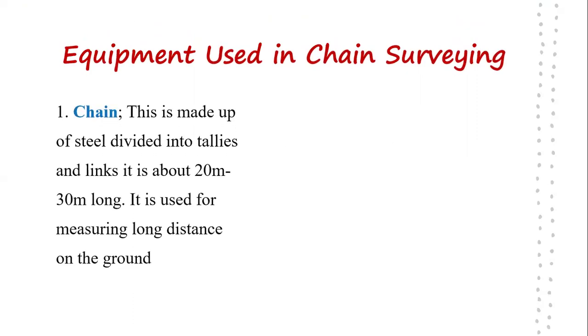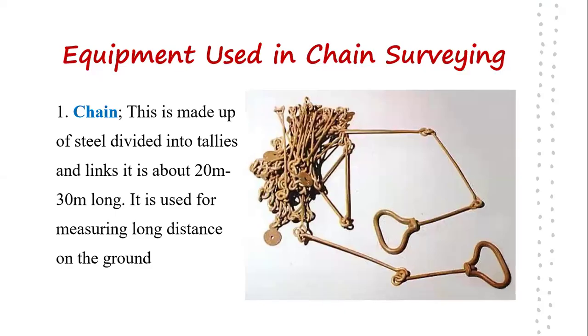Now, from there, let's move on to the various equipment that are used in the chain surveying. The following are just various equipments that are used in the chain surveying. The first one is the chain. Now, this is made up of steel divided into links. It is about 20-meter to 30-meter long. It is used for measuring long distances on the ground. And this is how this chain looks like.